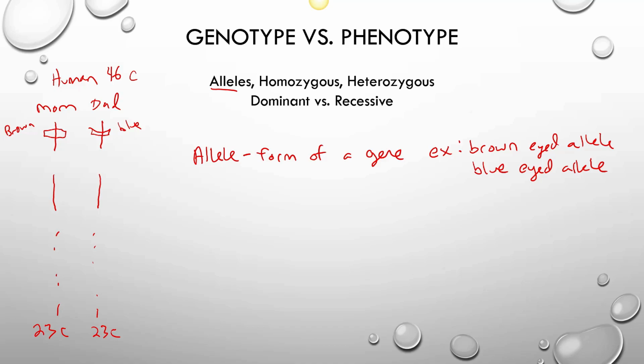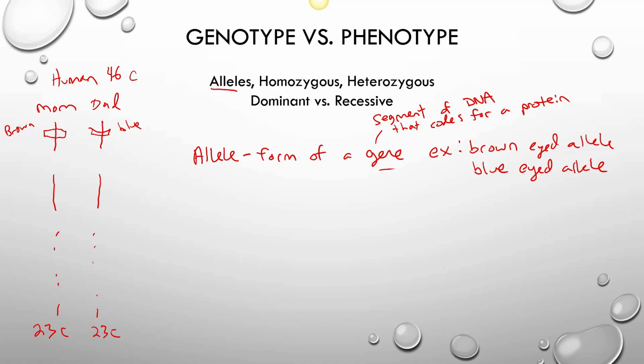Now if we take it back to what a gene is, if you remember, it's a segment of DNA that codes for a protein. In this case, the protein that's being produced is melanin, and melanin is a pigmented protein. So the more melanin that you have in the eye, the more brown the eye is going to look.